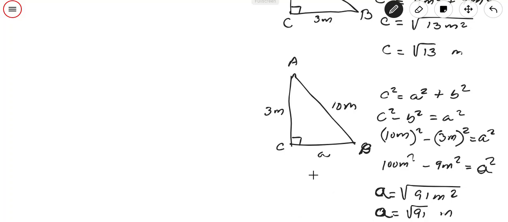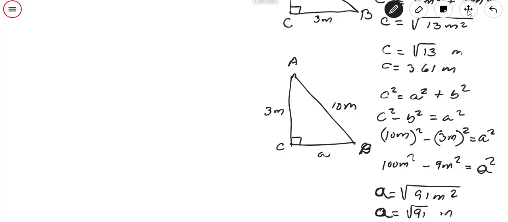If I take my calculator, for example, and I find in the previous case the square root of 13, it is 3.61. So here C will be 3.61 meters.